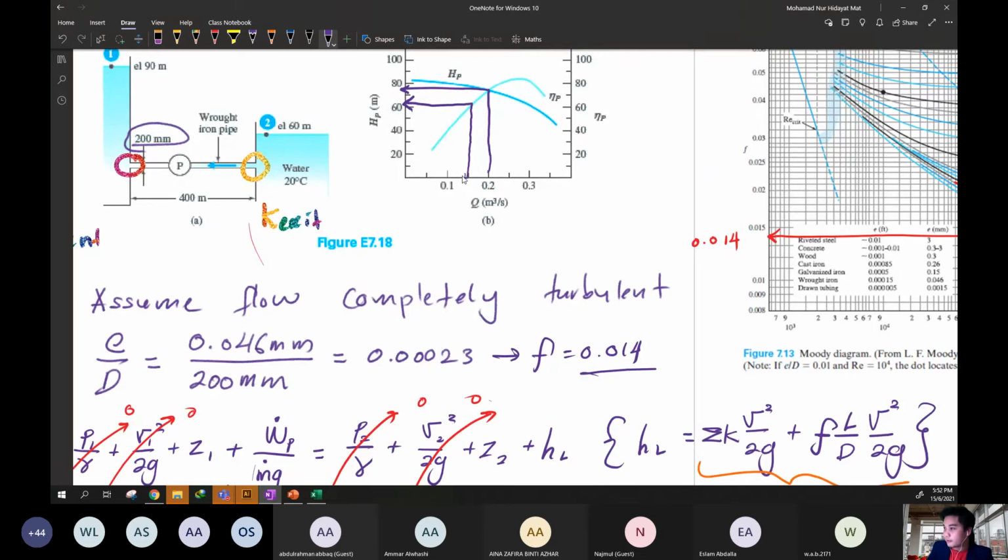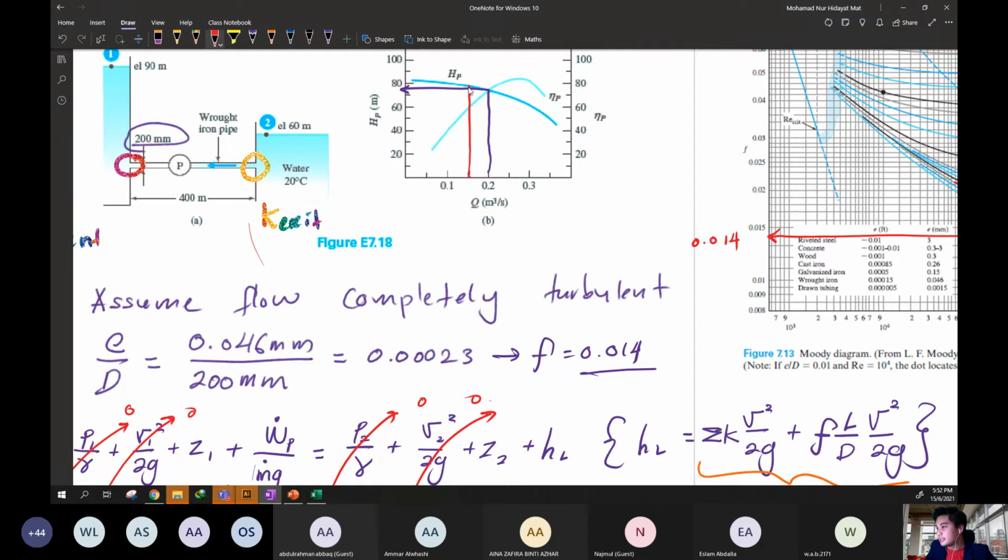Okay, 0.15. Okay, this one, yeah. This is our HP. This line, not this line.